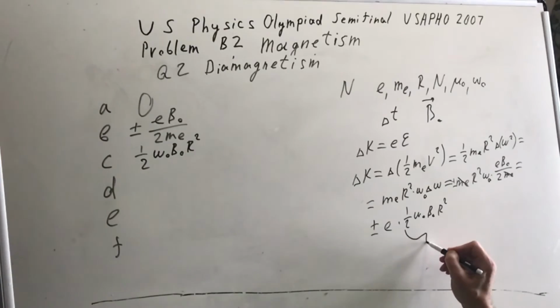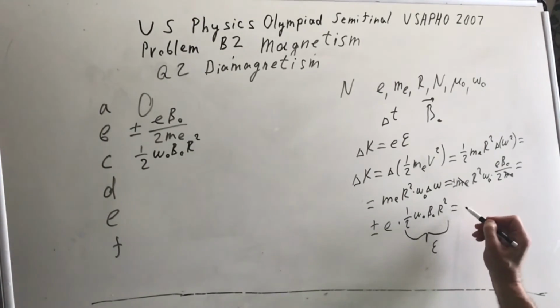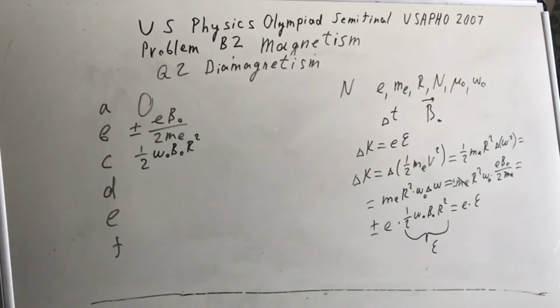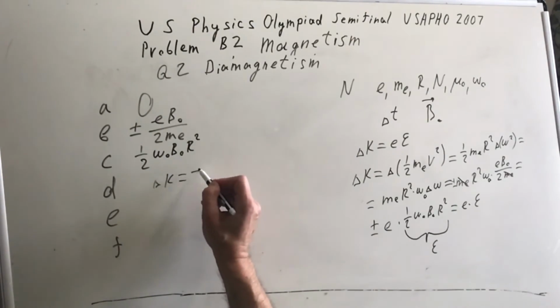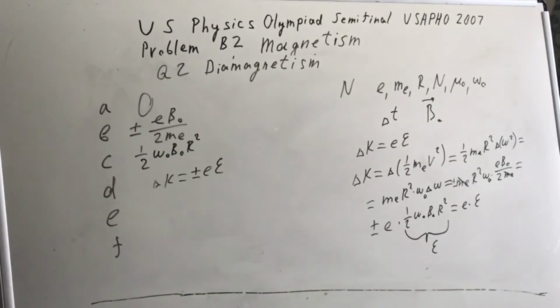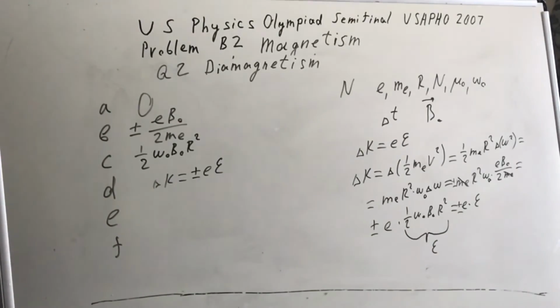But this is our EMF. So that's charge of electron multiplied by EMF. So we just proved it: dK equals plus or minus e EMF. So here we need to put plus or minus.